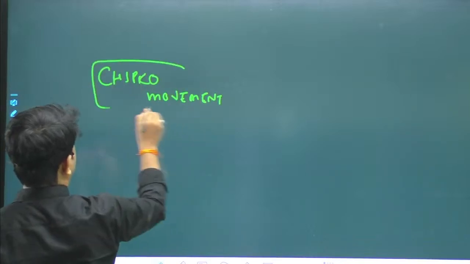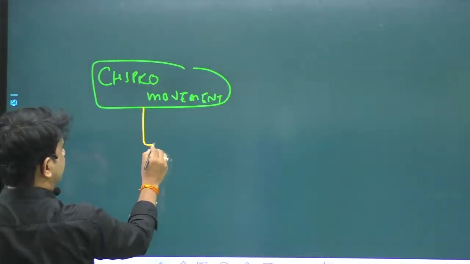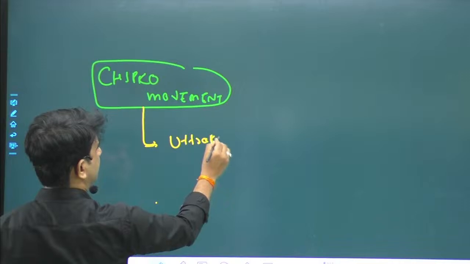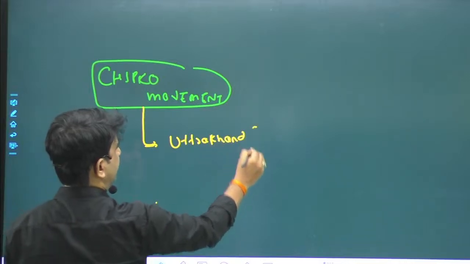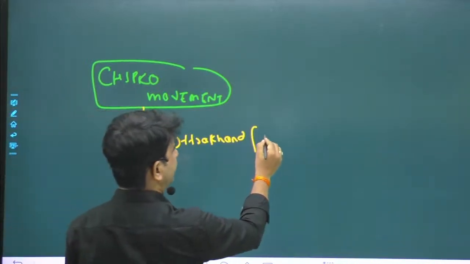the Chipko movement was carried out in Uttarakhand, in Chamoli district, which at that time was a part of UP.